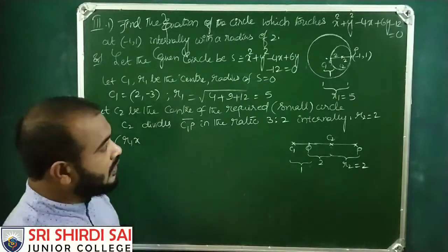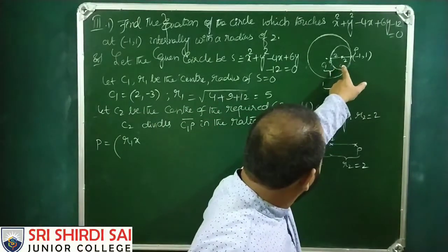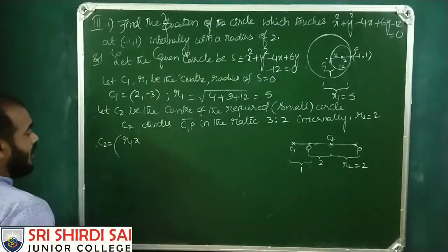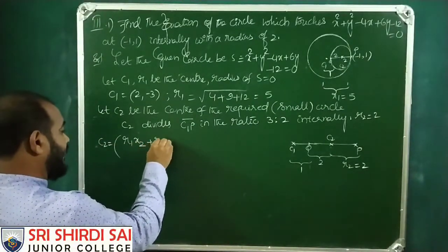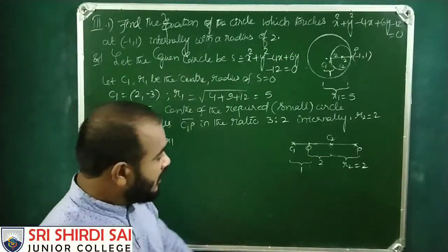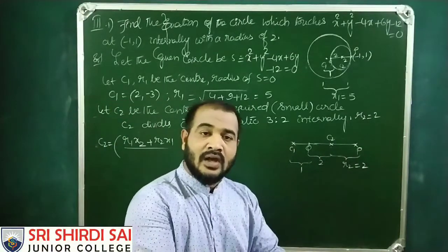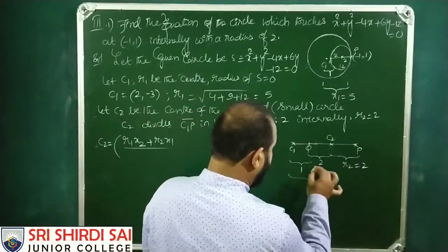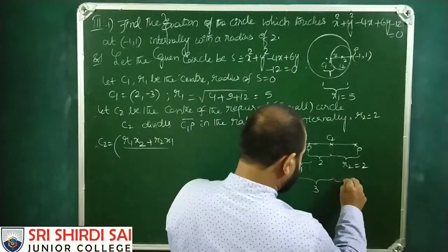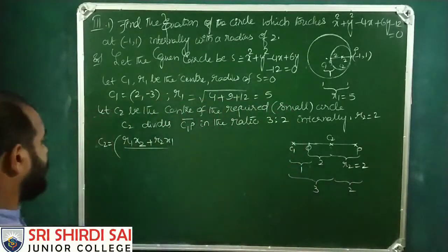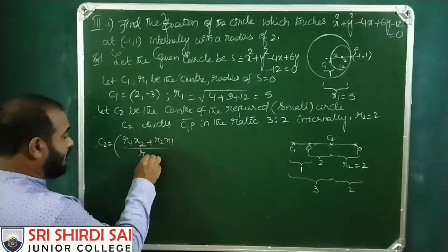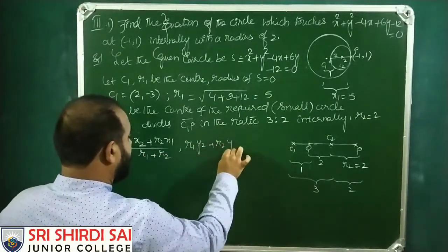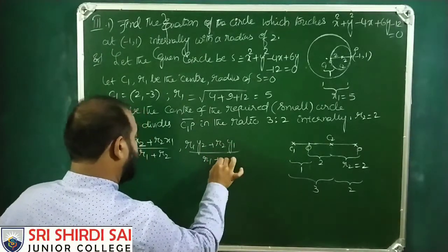Now, C2 is equals to (R1x2 plus R2x1) by (R1 plus R2), (R1y2 plus R2y1) by (R1 plus R2), because this C2 divides C1P internally in the ratio 3 to 2.